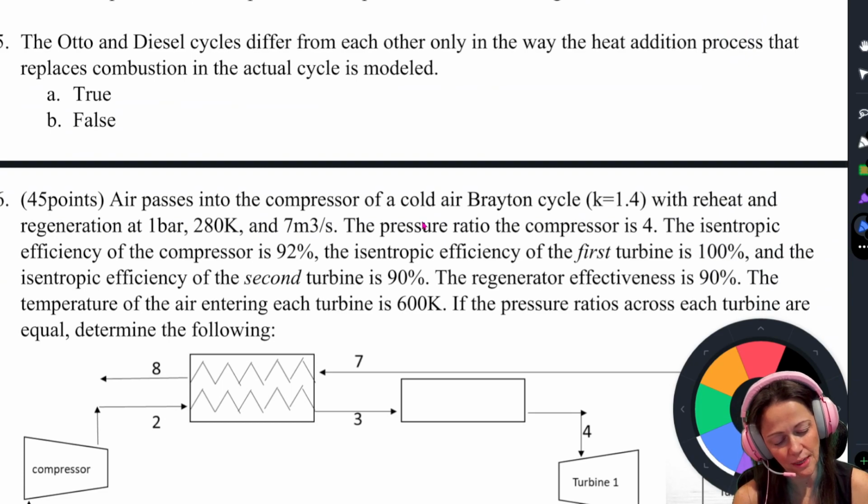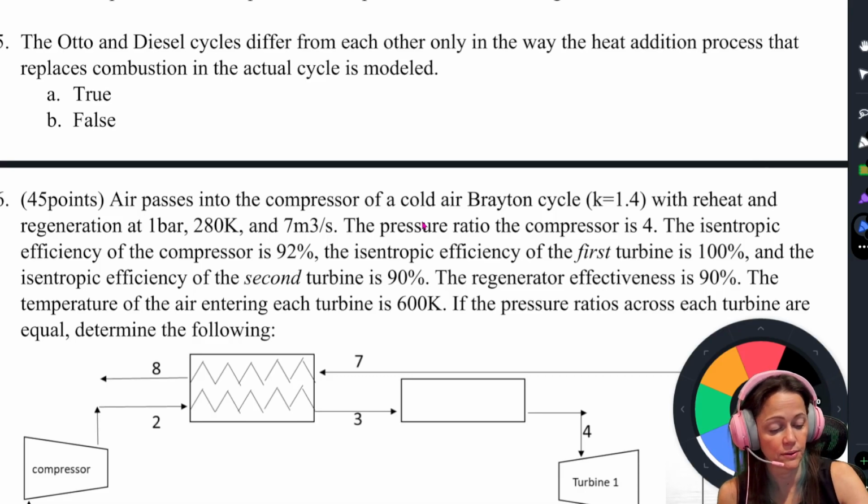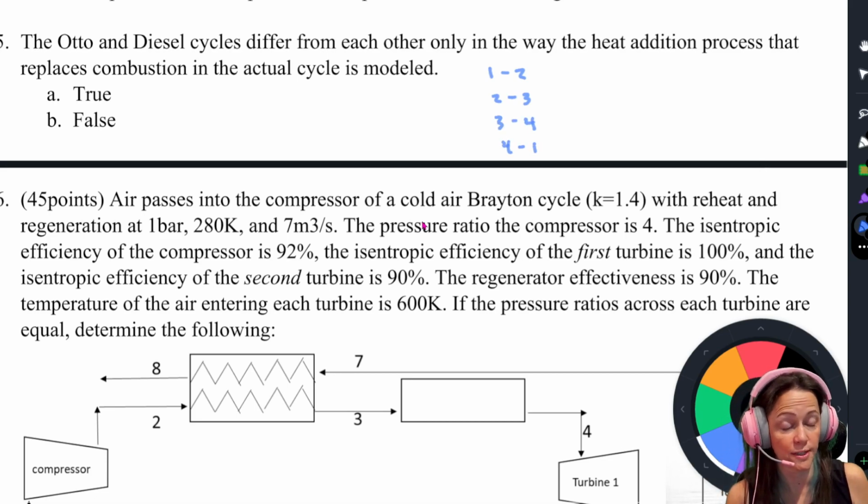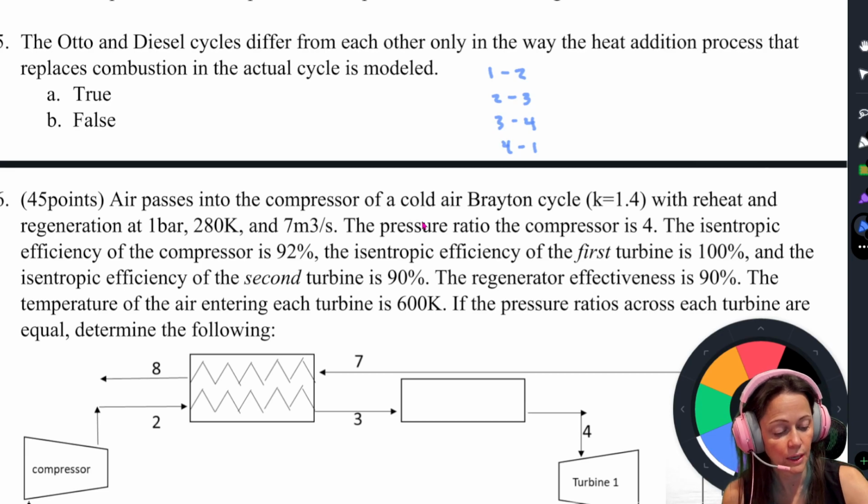The Otto and the diesel cycles differ from each other only in the way that the heat addition process replaces combustion in the actual cycle modeled. And that's true. So from 1 to 2, 2 to 3, 3 to 4, 4 to 1. If you look at the processes for an Otto and the diesel cycle, the first one is the same, and the third and fourth ones are the same.